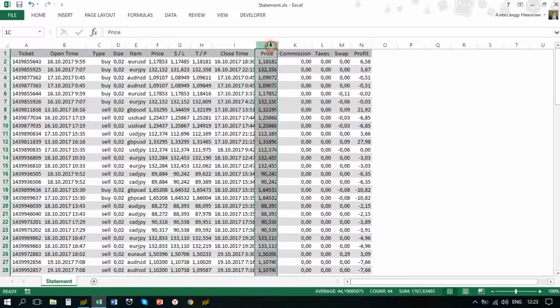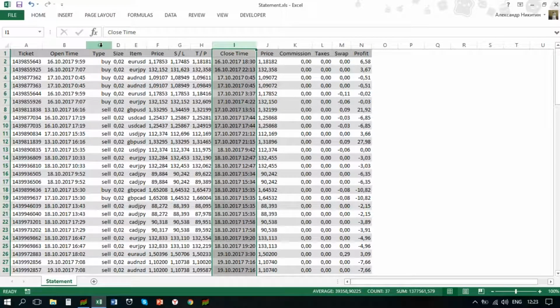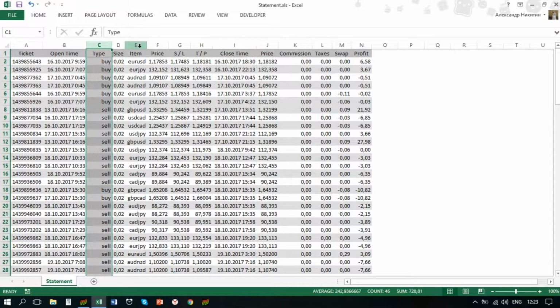Then you need close price. And then you need close time. So only these things. 1, 2, 3, 4, 5. Other data is calculated based on these 5 columns. They are mandatory columns. Okay, so here is my profit in some money.